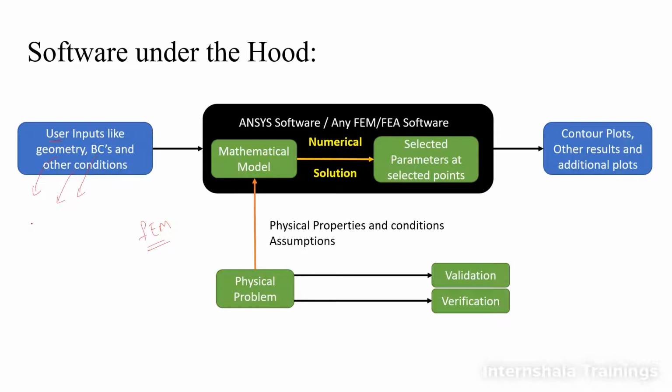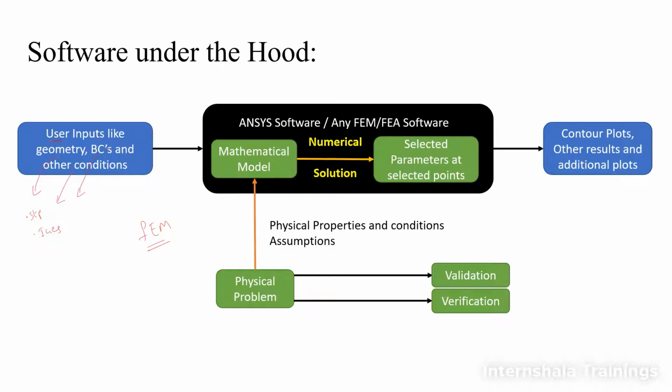A few examples are .stp file format, .iges file format, and a lot of other native file formats relating to the software itself. So once the user has created the geometry, we will get that geometry into the FEM software which we are using.